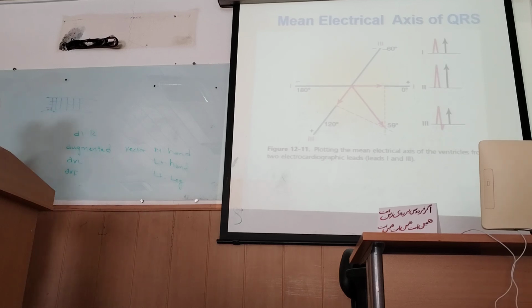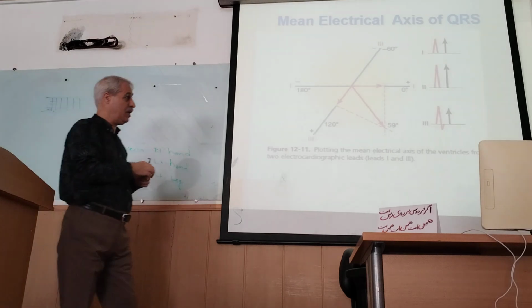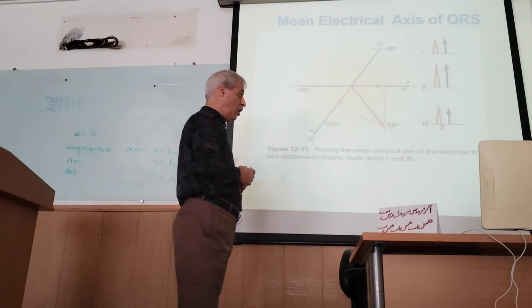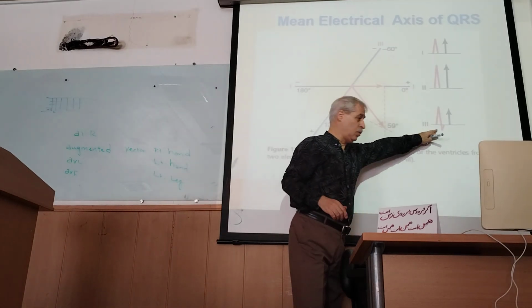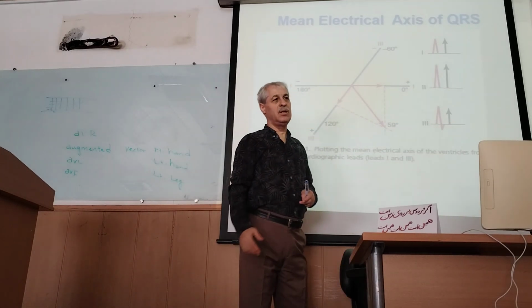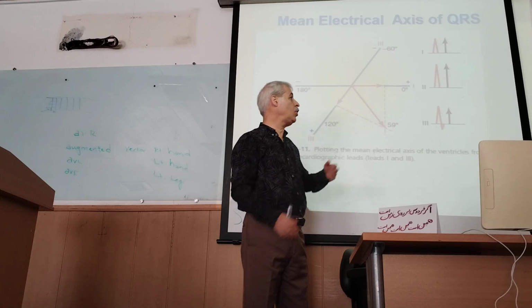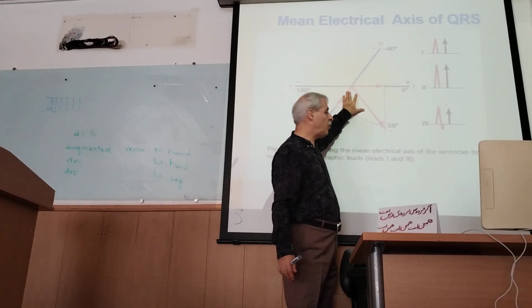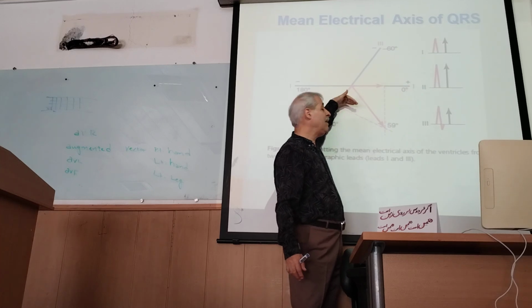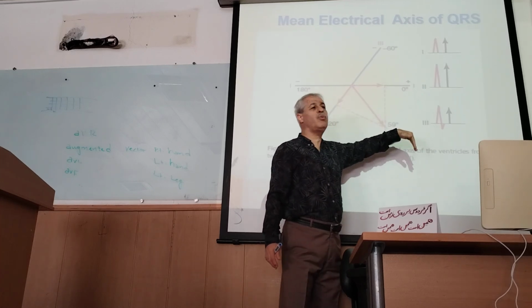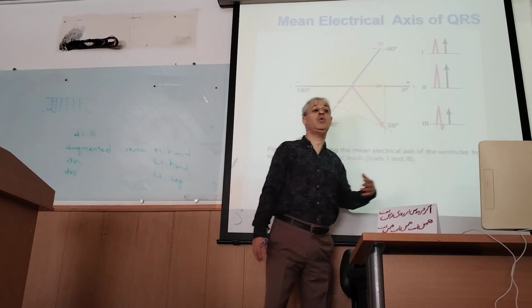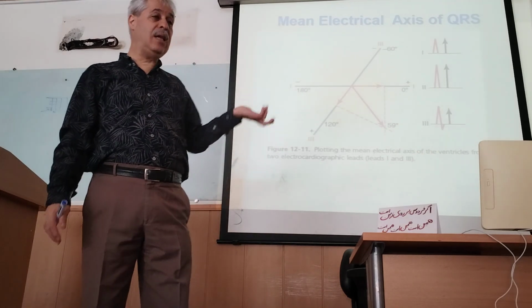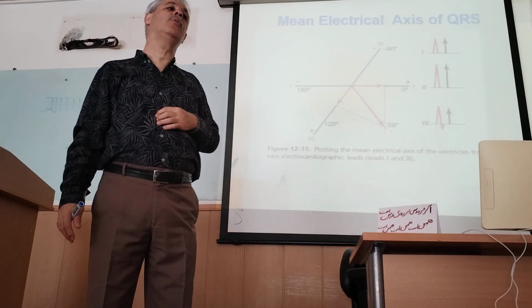You can measure it. For example, here in that example, 10 millimeter. For limb lead 1, 10 minus 2 equals 8 millimeter. Then using a ruler, 10 millimeter, 8 millimeter, make a projected vector. Then the angulation of that projected vector equals the cardiac axis, and the length equals the electrical potential.